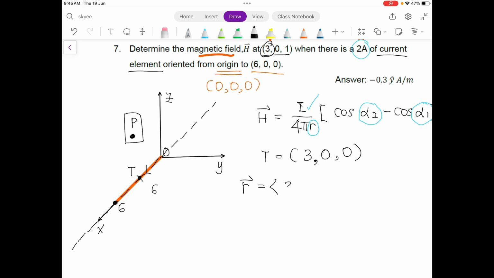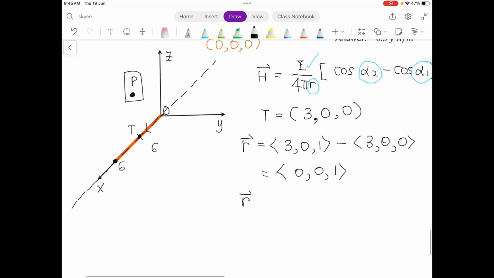We have 3, 0, 1 minus 3, 0, 0. The answer is equal to 0, 0, 1. So the distance between the point T and the point P is equal to 1, and the unit vector r will be equal to the z direction. So we get the value of our r.